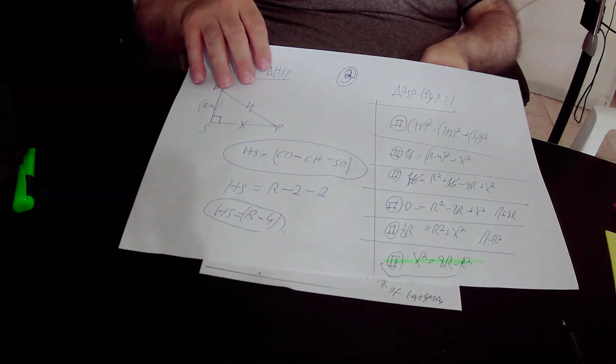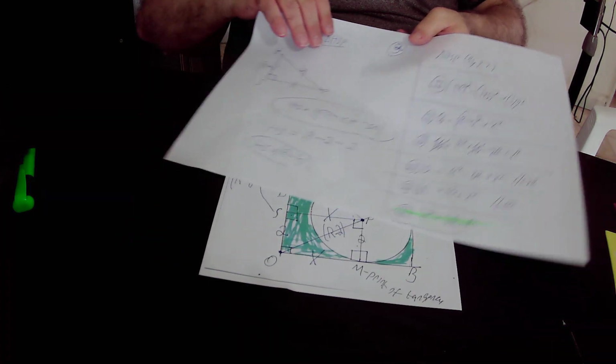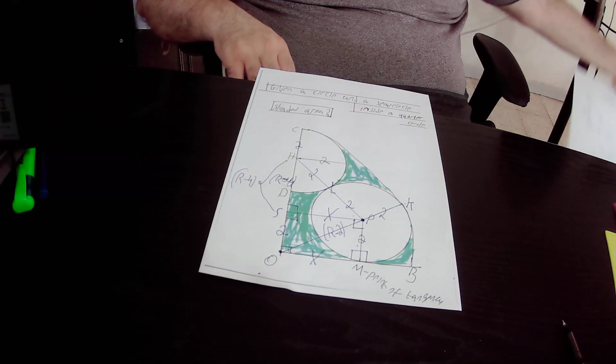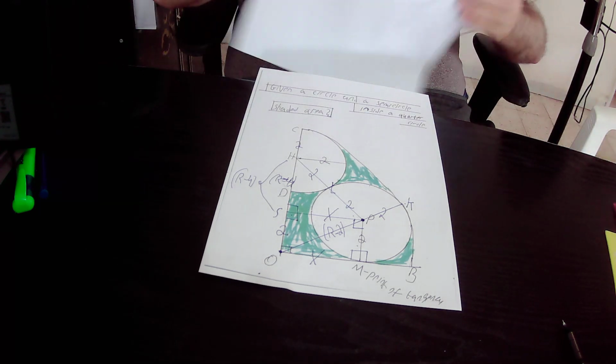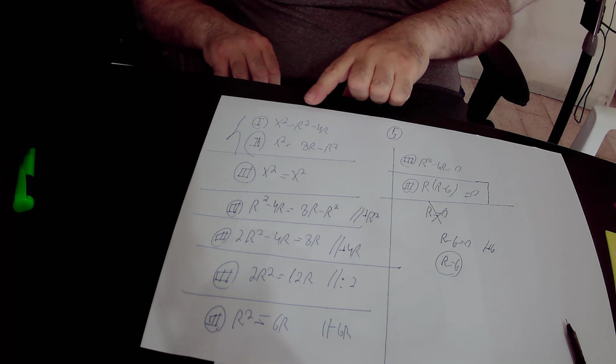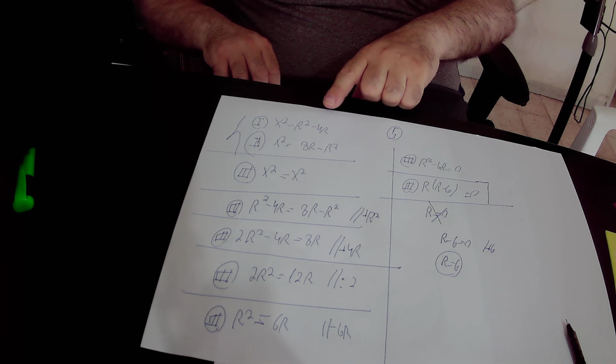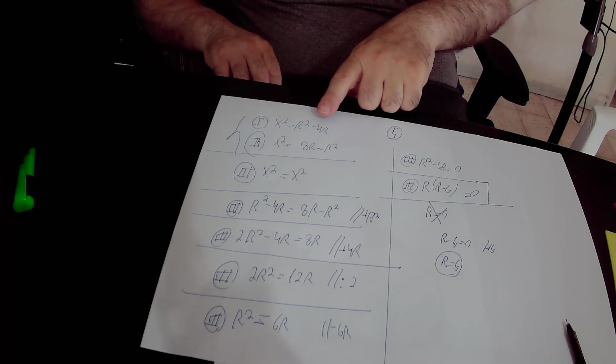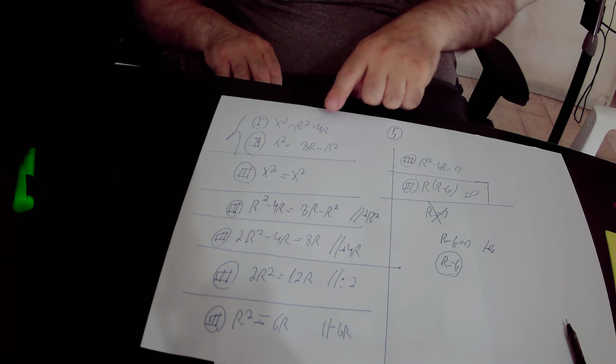But we have already found out that according to equation number 1, X square equals R square minus 4R, while according to equation number 2, X square equals 8R minus R square.